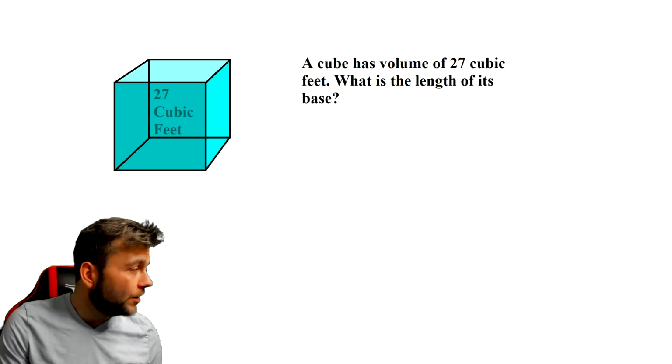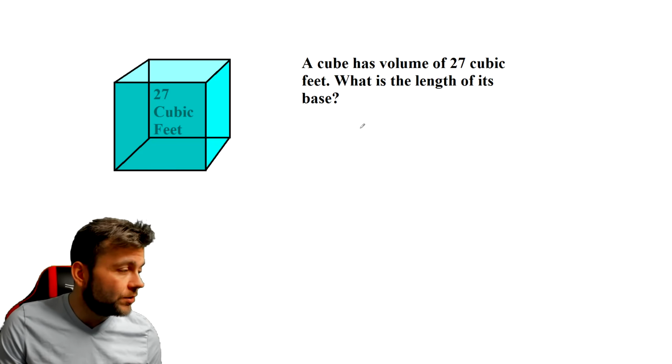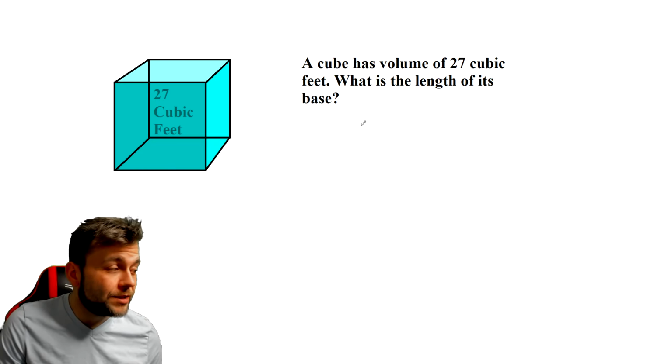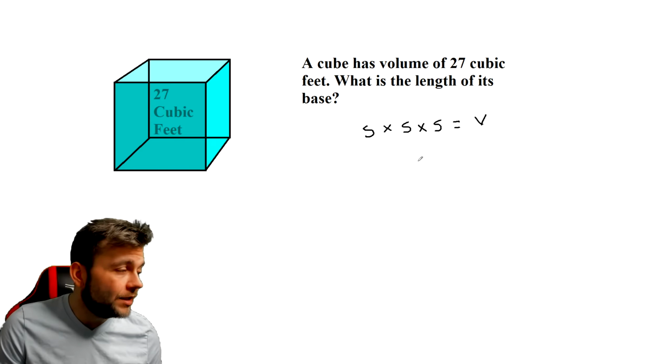So the way to think of it is, let's get everything all set up. A cube has all sides the same. You're finding the volume, so it's 3 dimensions. So it's side times side times side. That equals volume. And all we are given is 27.